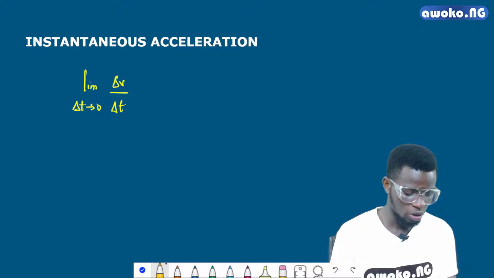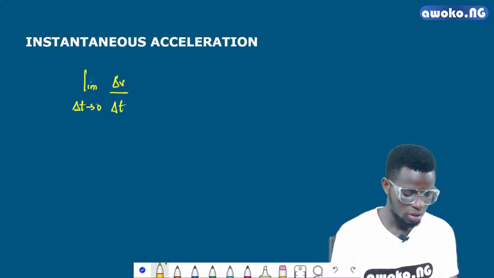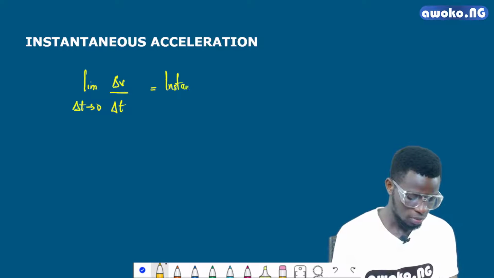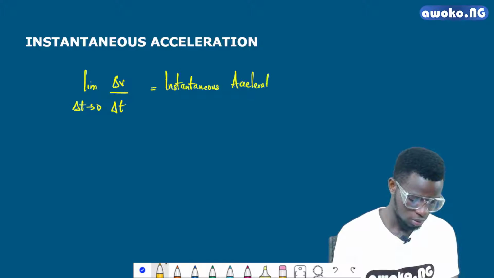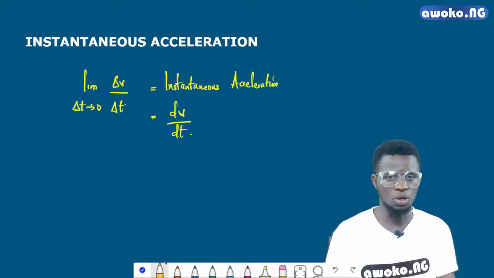So when we take the limit of the change in velocity to the change in time as the time approaches 0, then we call it the instantaneous acceleration. Okay, so it is simply the derivative of the velocity.